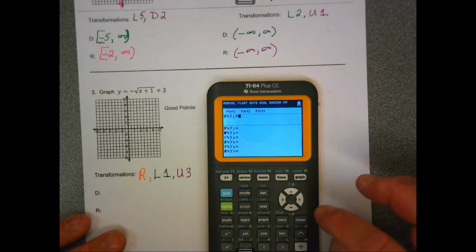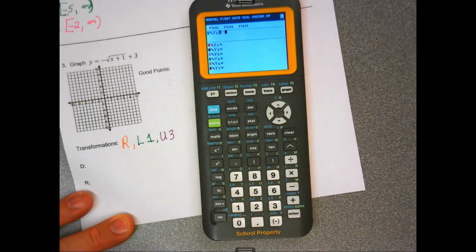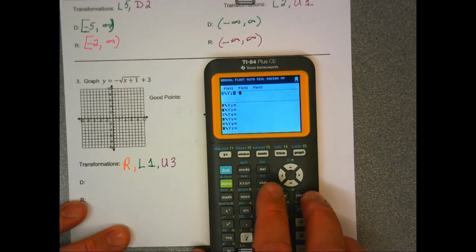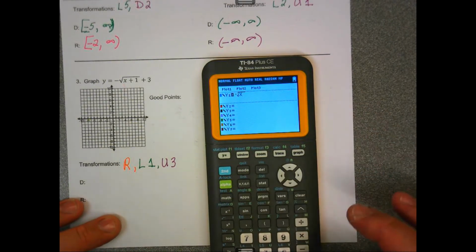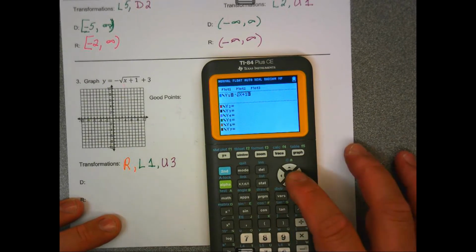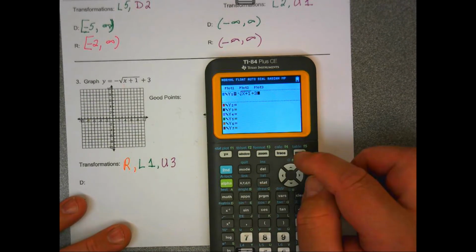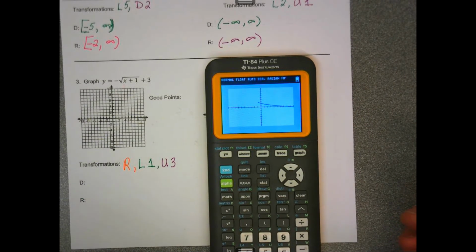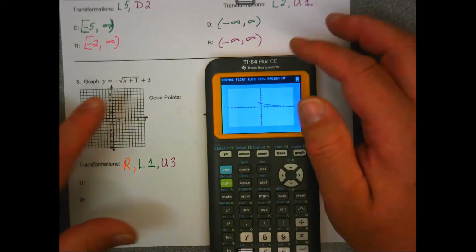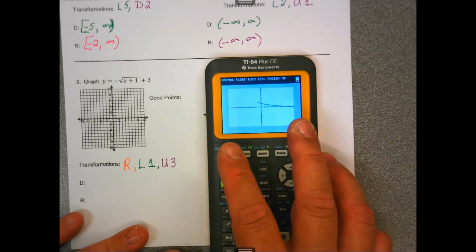Y equals, I have a negative, and make sure you use the negative sign here and not the minus sign. Negative square root, second x squared, x plus 1. Use your arrow key to get out of that radical, plus 3. Graph it. See how it flipped? And it's not the x-axis, it just reflects because we have transformations. If it was a parent function, it would reflect about the x-axis.